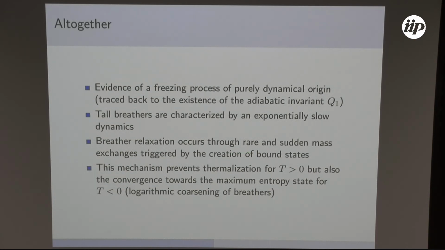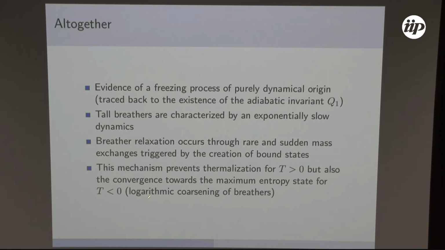So this is interesting because it happens for positive temperature, where you have this Gibbsian regime. But one can imagine that the same dynamics can play a role for the negative temperature regime. And indeed, in our opinion, this is the mechanism that prevents the system from flowing to the final equilibrium state at negative temperature.